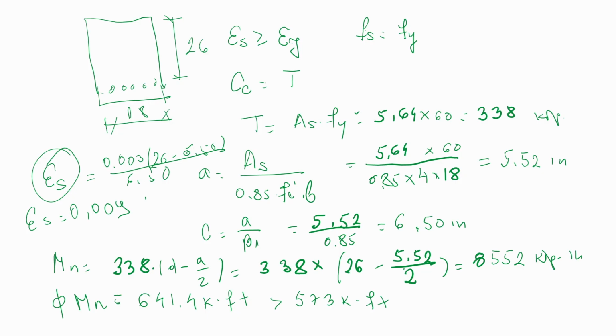And if I multiply that with strength reduction factor and divide by 12, you will get the moment strength capacity to be equal 641.4 kip feet, which is higher than our external load. So this will be the procedure how to design cross section when reinforcement ratio is given. Thank you.